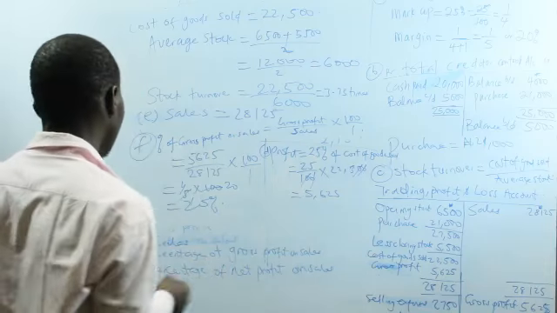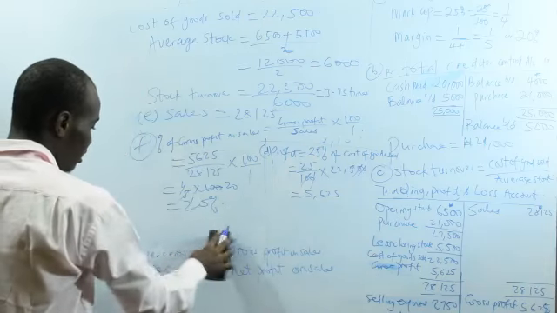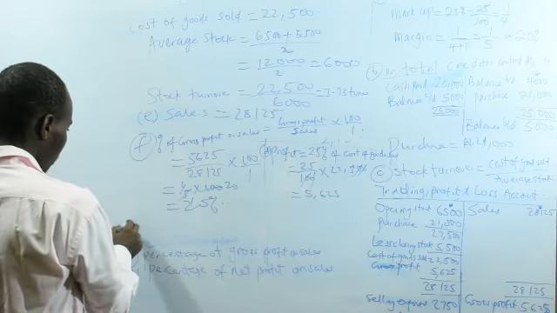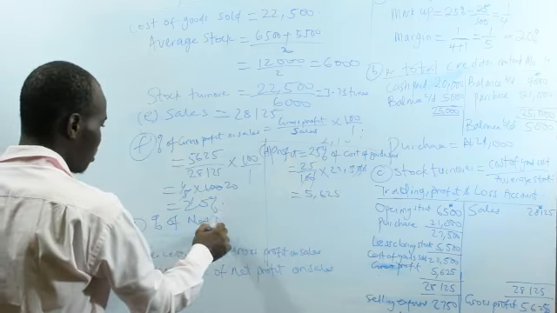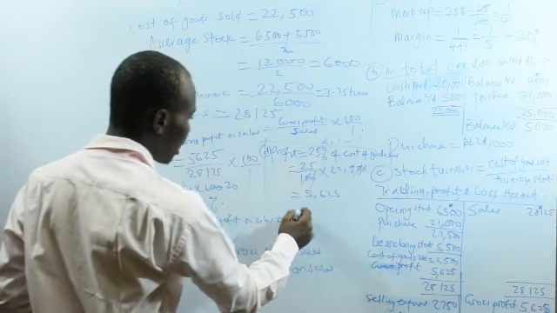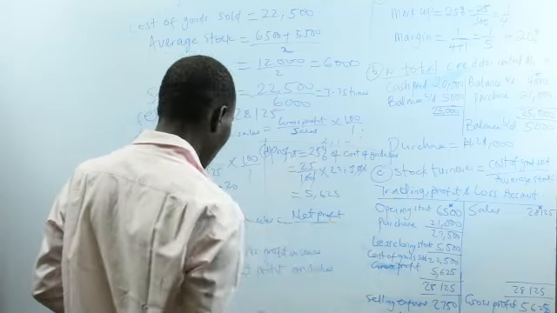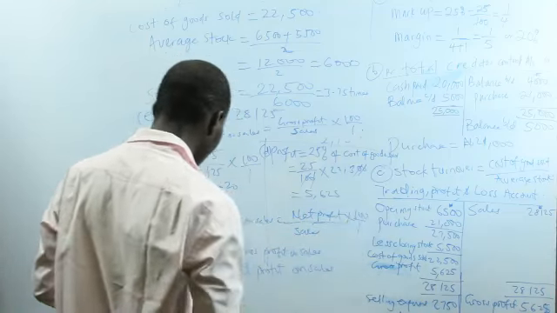So that is our margin. The next thing we have is the percentage of net profit on sales. So G, percentage of net profit on sales is equal to the net profit over sales times 100 over 1.